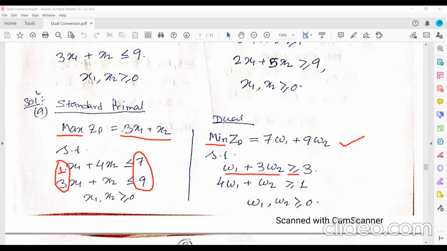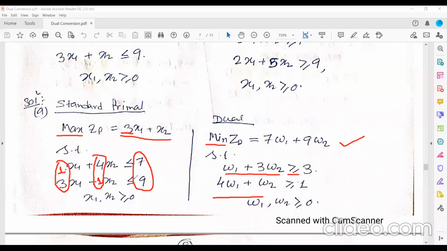the coefficient in the objective function of the standard primal. So next, here nothing is there, that means 1 is there. So that means 4W1 plus 1 into W2, so 4W1 plus W2.